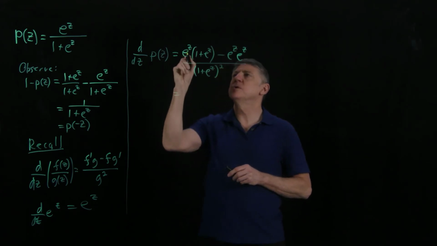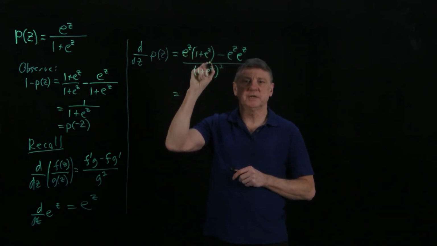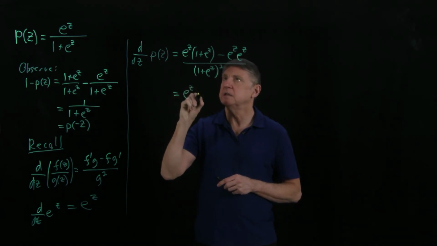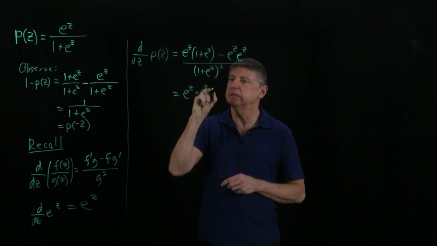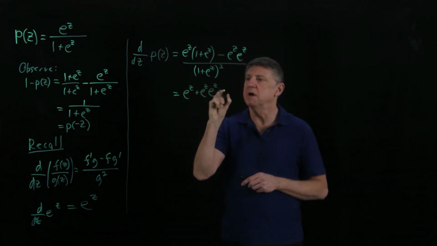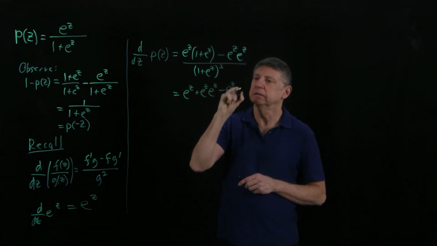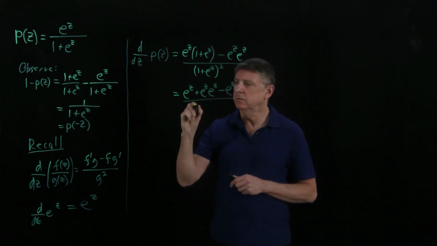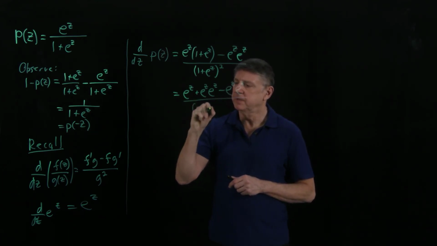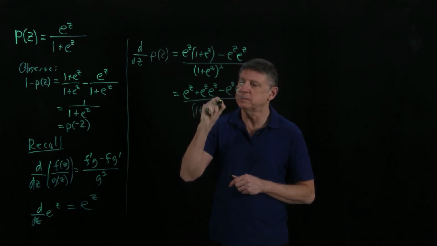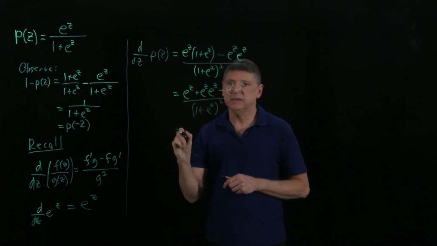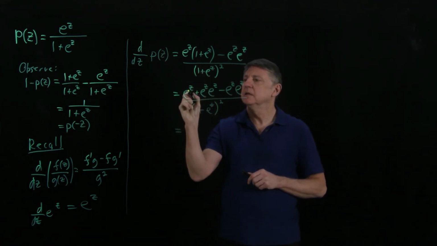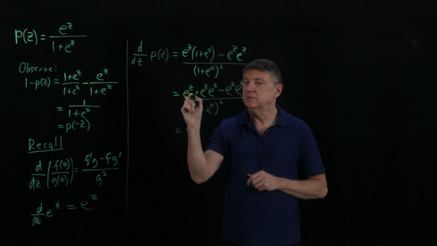I'll distribute this multiplication over this addition, that's what I like to do. So that is e to the z plus e to the z times e to the z, minus e to the z times e to the z, over, and I'll just leave the denominator, 1 plus e to the z quantity squared, and that equals, so this is just e to the z, right?